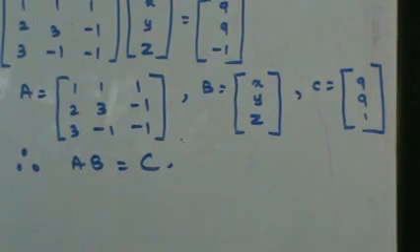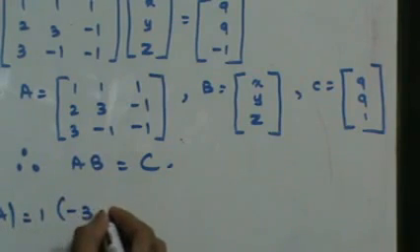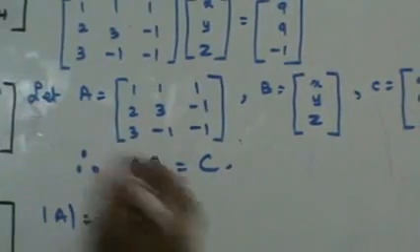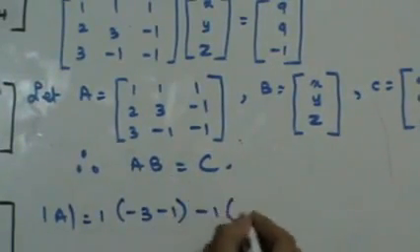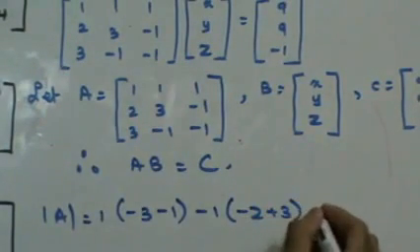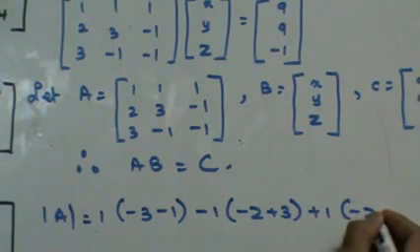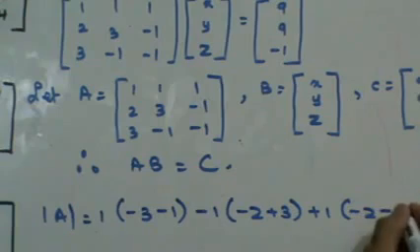Now, let's find out determinant of A. How do I find out determinant of A? This will be 1 into minus 3 minus 1, minus 1 into minus 2 plus 3, plus 1 into minus 2 minus 9.